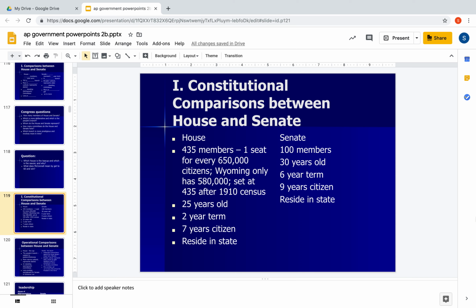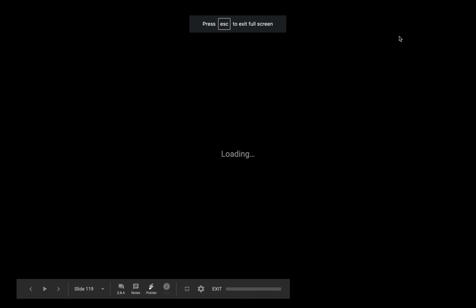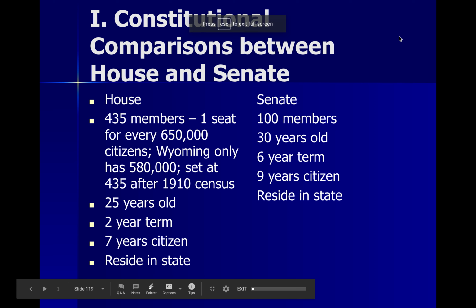Okay, let's see. Last time, I can't tell whether we're going to have one or two videos today. The stuff we're looking at is pretty technical, and we're just looking at the difference between the House and the Senate. Last time we looked at their similarities.